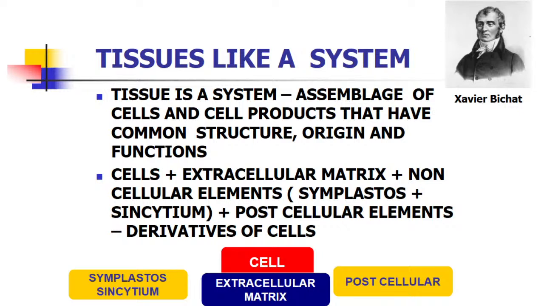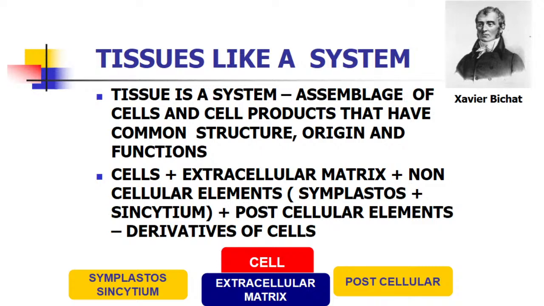At the beginning of our lecture, we will have a discussion about what a tissue is and how modern histology operates with this term in terms of modern histological knowledge.